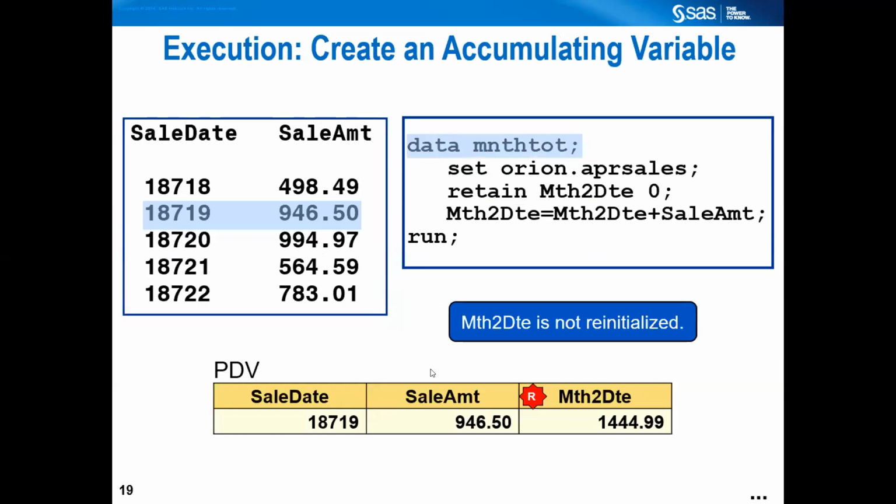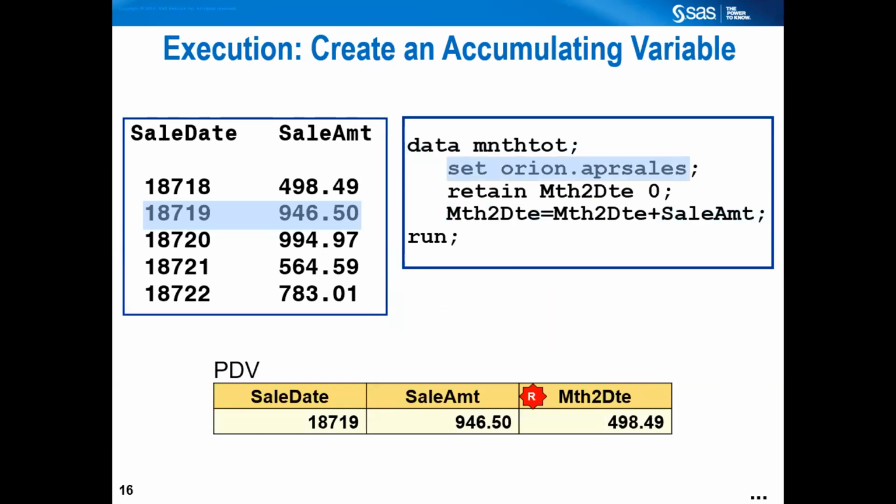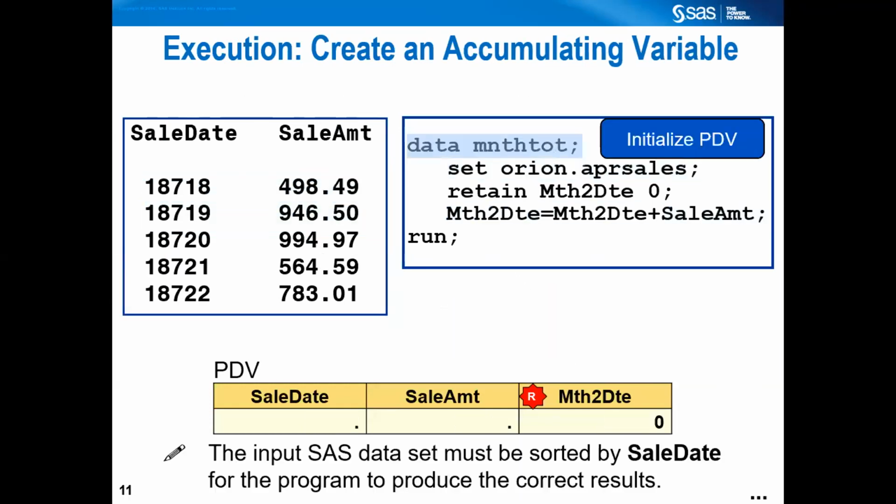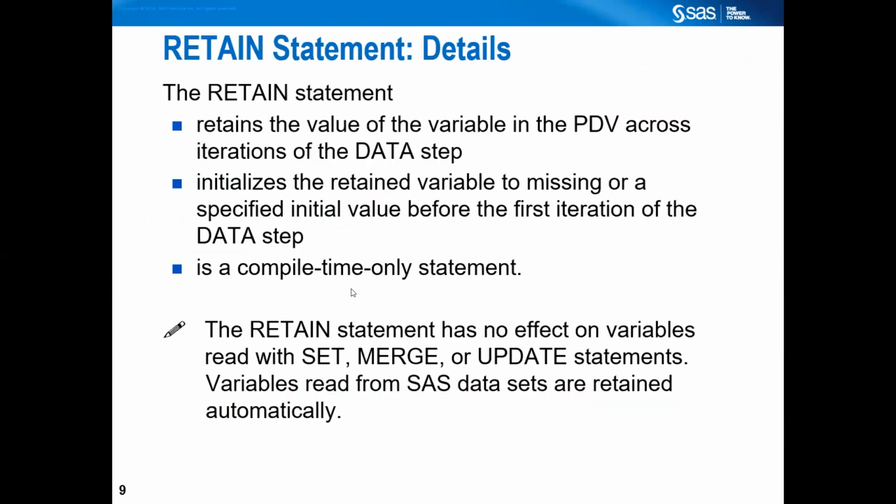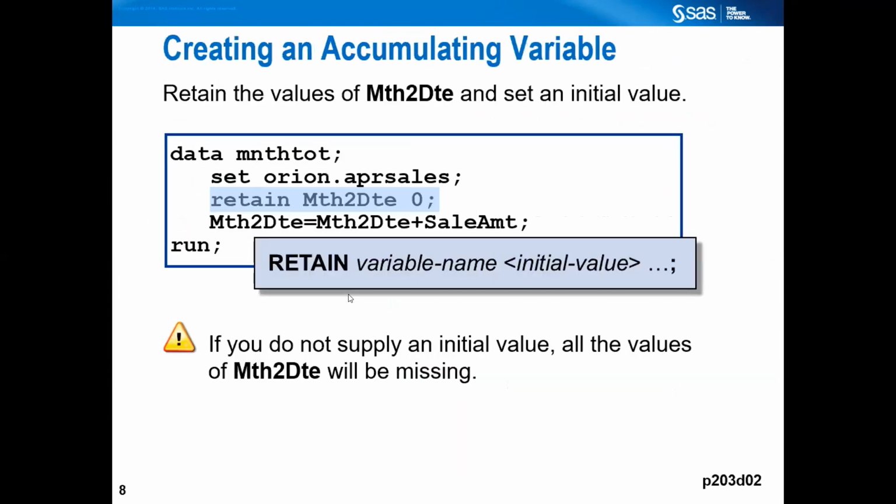All right, so this is how you get introduced to the retain statement, and that is what this slide is telling you about retain. Retain is the syntax you use to retain the values of a variable across all iterations of the data step. Retain is a statement which starts with a keyword and ends with a semicolon.